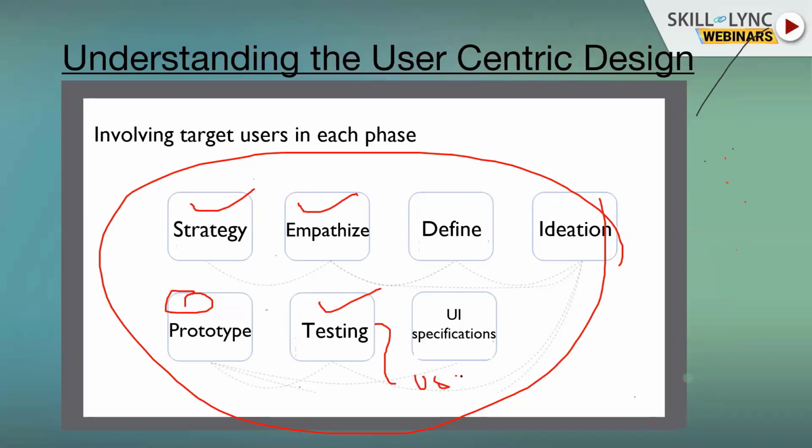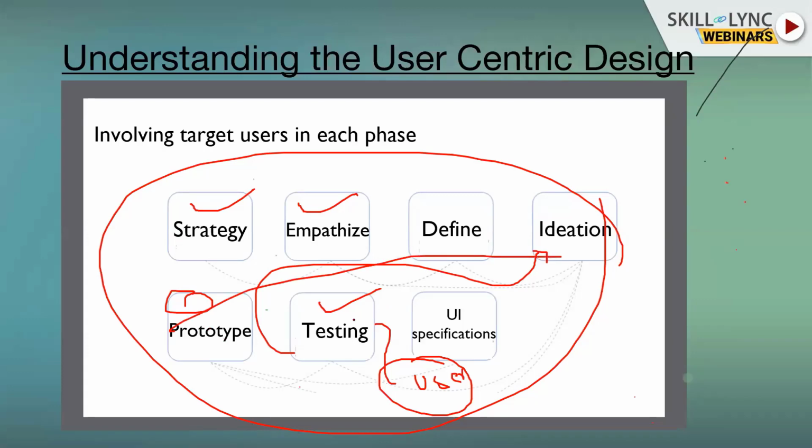If you feel that some issue is there, your users are not happy, they are not properly navigating, then you go back to your design and start redesigning, or adding more features, or simplifying your design, and then you do the prototyping and testing again. So it is just like that.